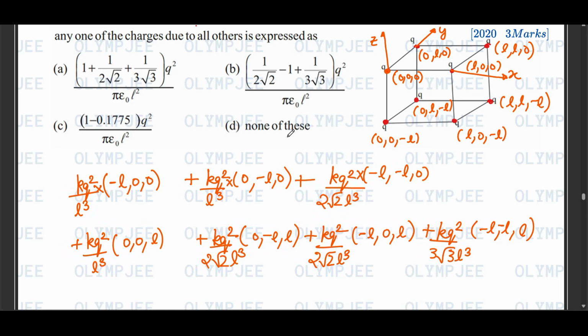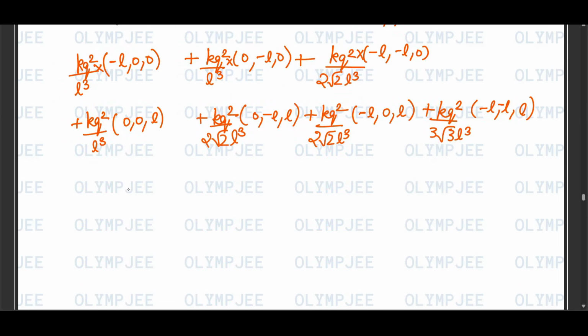So now let me combine all these terms and take out the common term. So it will be kq square by L square, and in bracket the vector will become, so minus 1 from here, minus 1 from here, and minus 1 by 2 root 2 from here, and minus 1 by 3 root 3 here. Sorry, here it was also 2 root 2.